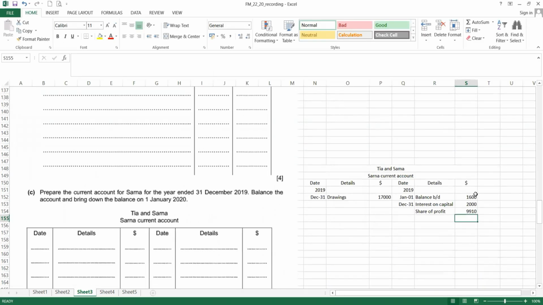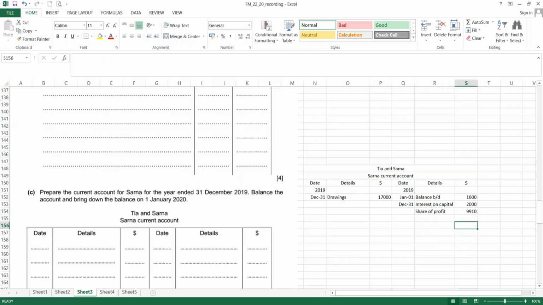This is income. Basically, the credit side is income to Sama. Debit is to reduce the money. So this is Sama's income, and this is to reduce.